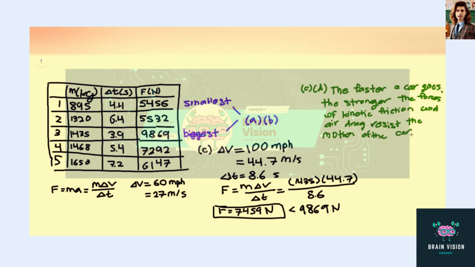A car reaches its top speed when the force of the engine balances friction and drag.